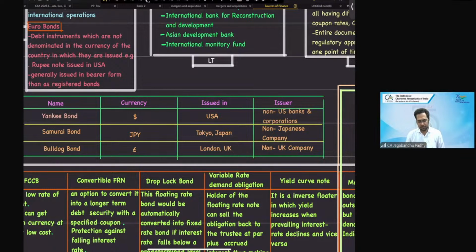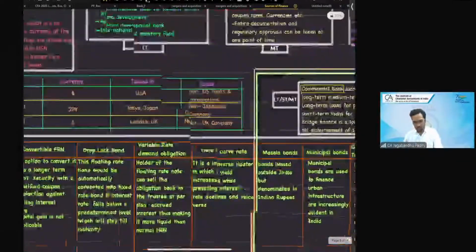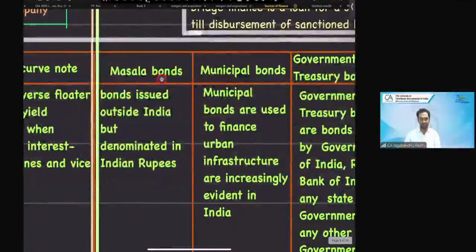So even we may have some sort of these bonds, and there's one more bond that we're talking of, which is masala bonds. These are bonds which are issued outside India but denominated in Indian rupee. So Indian companies issuing bonds outside the Indian market, denominated in rupee terms, is what we call masala bonds.